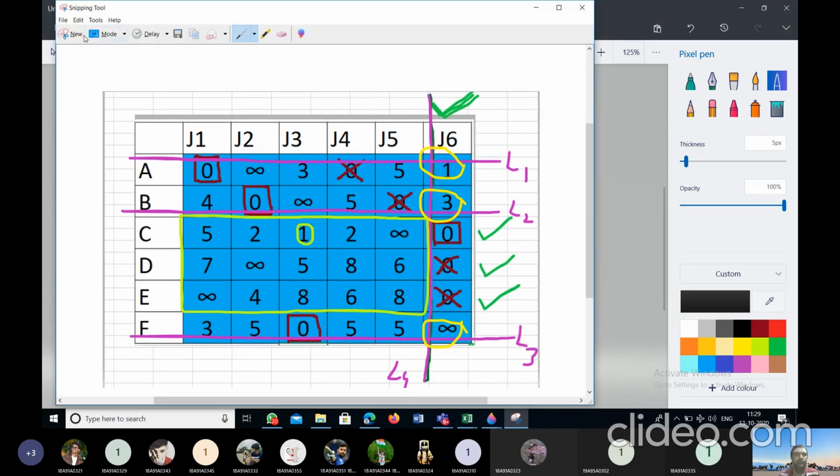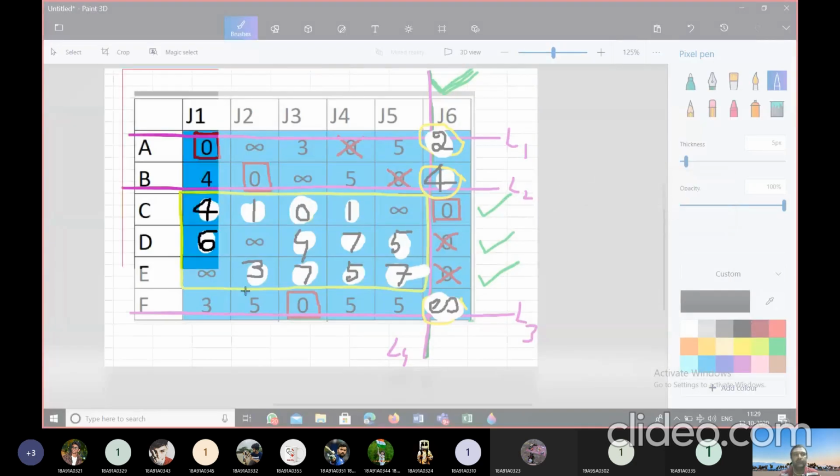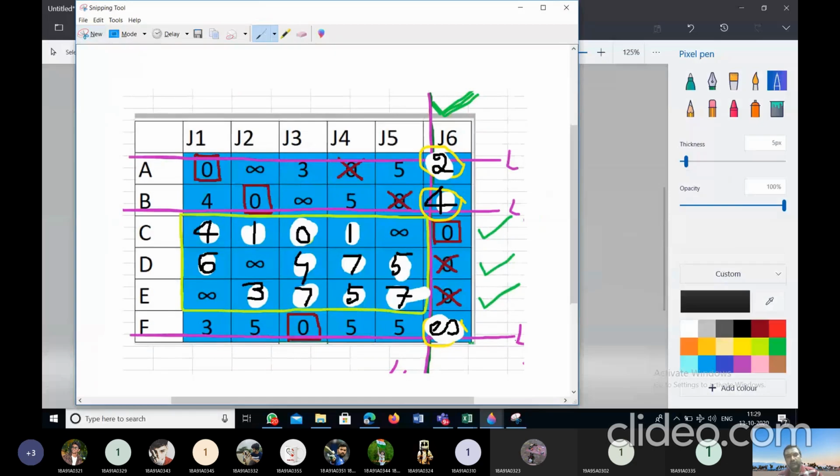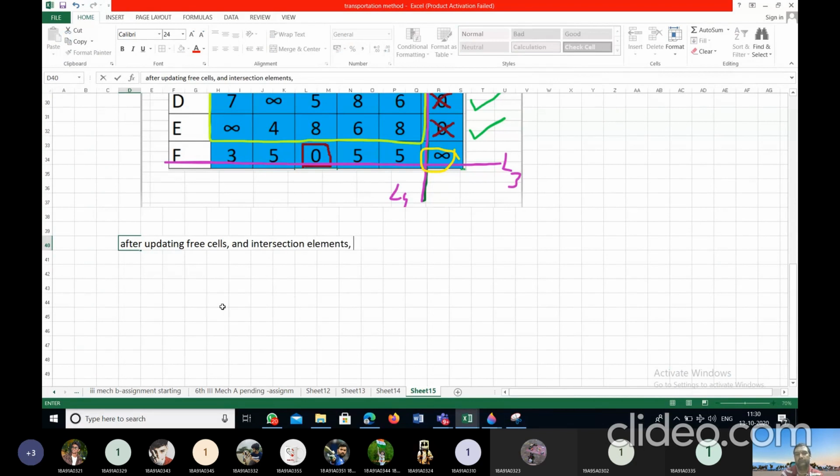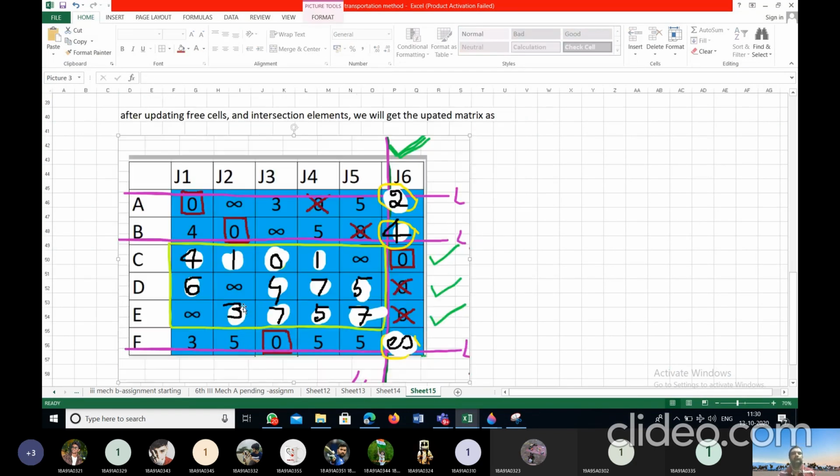Okay. Now this solution we need to update, and for this I need to get the assignment. Control C. So after updating free cells and intersection elements, we will get the updated matrix as this.